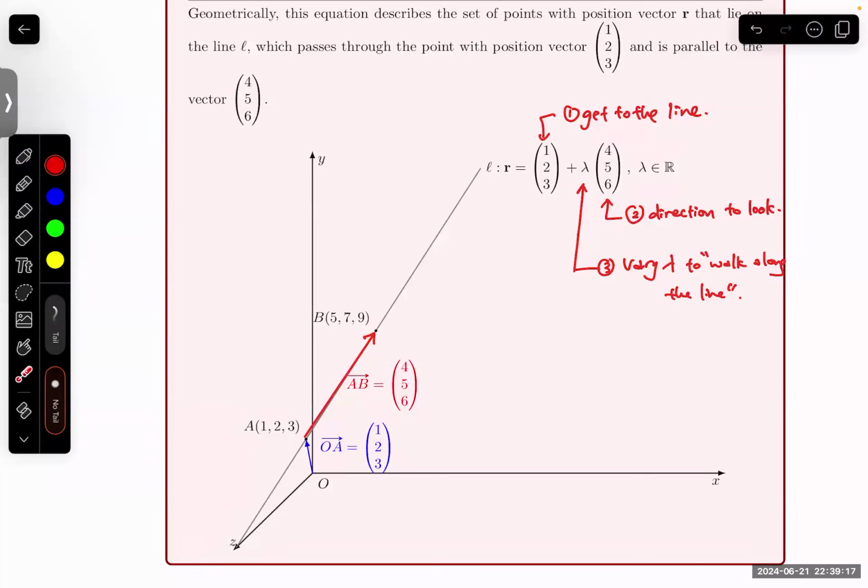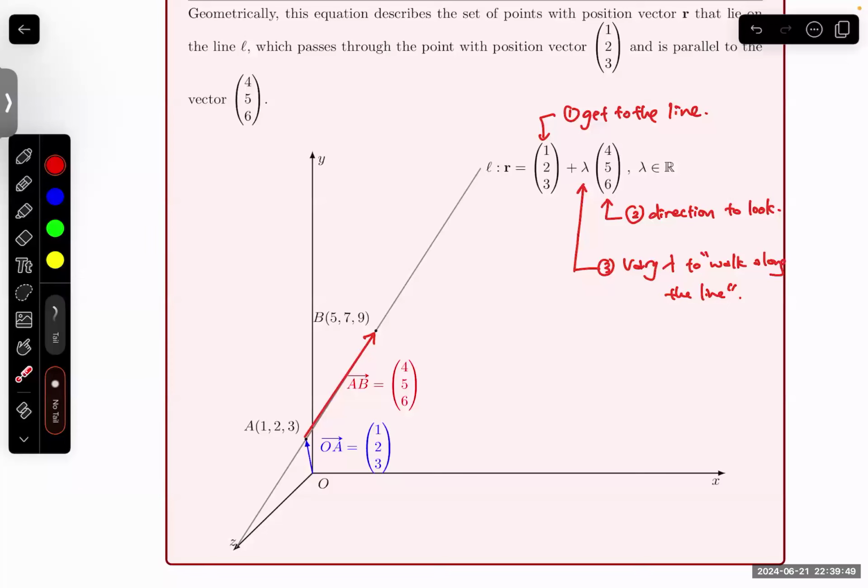If lambda is half, I take half a step. If lambda is negative, say -1, I take 1 step backwards. For all choices of lambda, which can be any real number, all of those give us the set of all position vectors of all the points on the line.